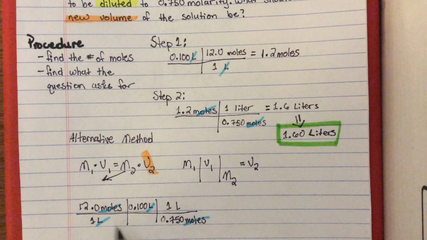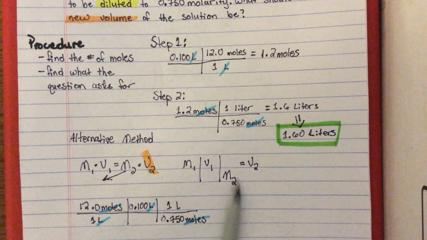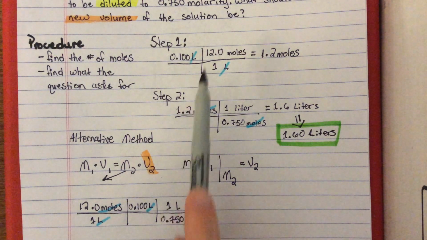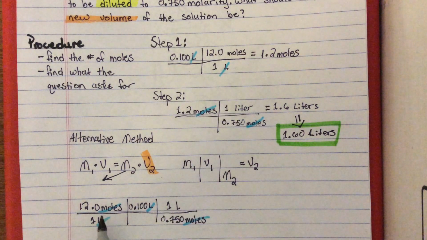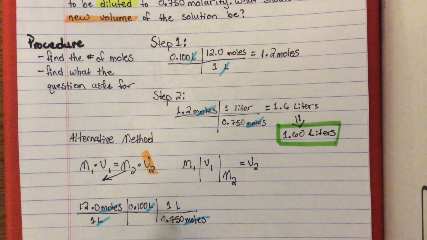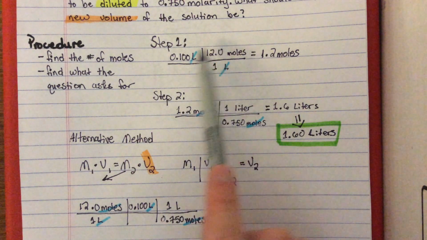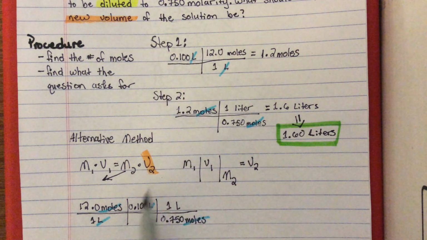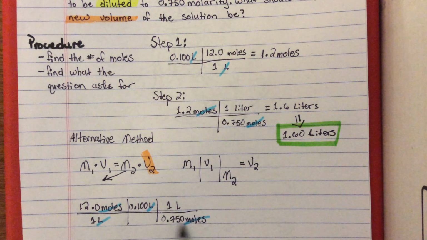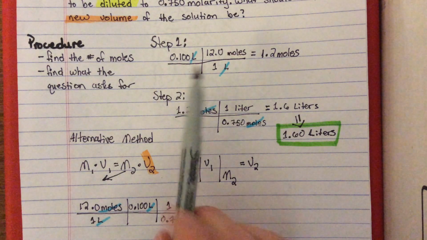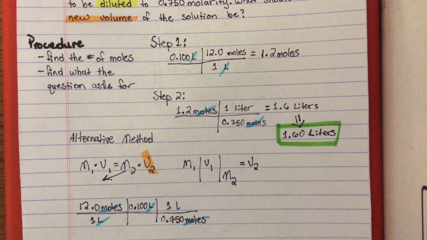Do notice that in this alternative method, doing everything at once, we still have all of the same numbers from our stepwise procedure in the same places, right? 12 up top, 0.100 up top, 0.750 down below. We've just kind of mashed the two sets of railroad tracks together here.